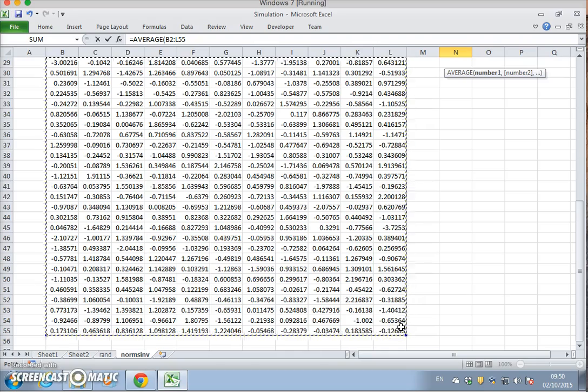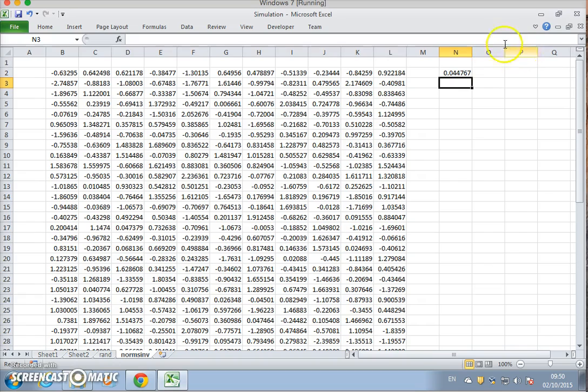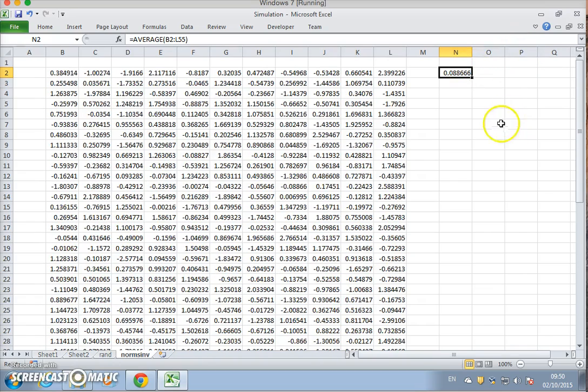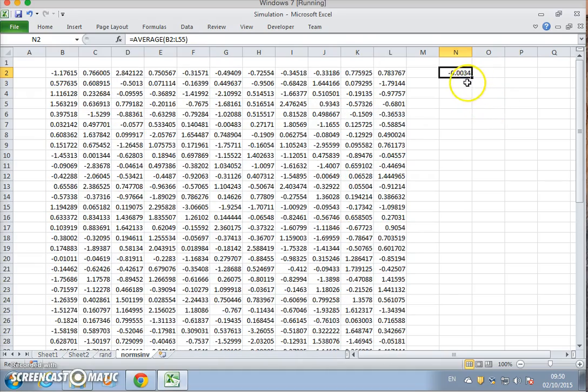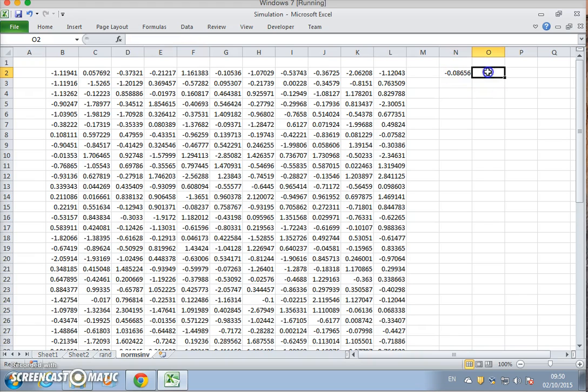So we'll take the full sample and return. And okay, not quite 0, so let's F9 that just to see. Okay, and so there are some negative values and some positive values, but the values are not far from 0.